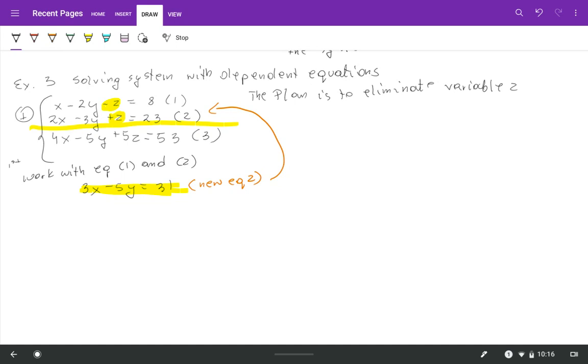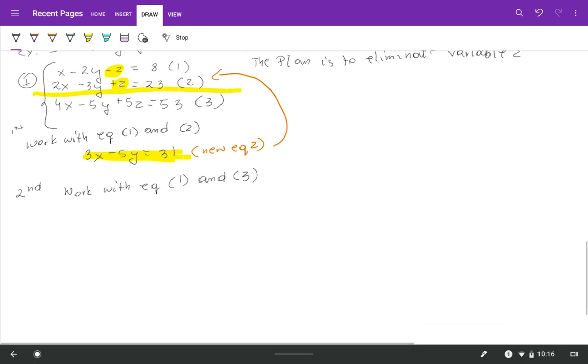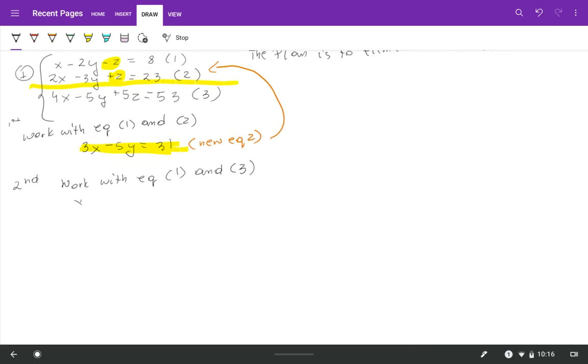Now next, work with equations 1 and 3. So we have equation 1, it's x minus 2y minus z equals 8, and equation 3 is 4x minus 5y plus 5z equals 53.